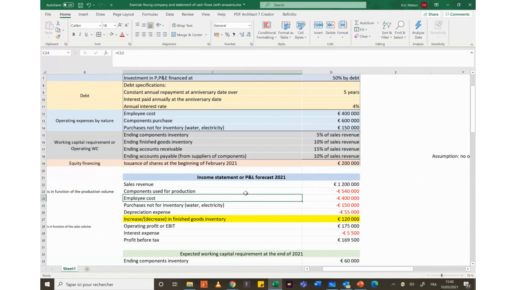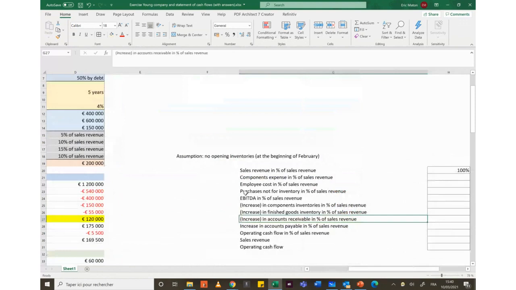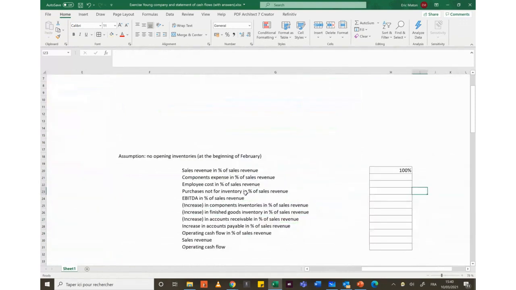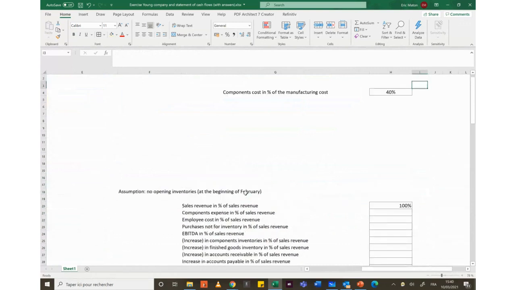So because here I directly have all the cost for the period. But for the period, sometimes it's in function of the production volume. For the period, sometimes it's in function of the sales volume. So it's a problem if I want directly in function of the sales revenue. So I will transform this exercise and I will put more information in order to be able to do this one.